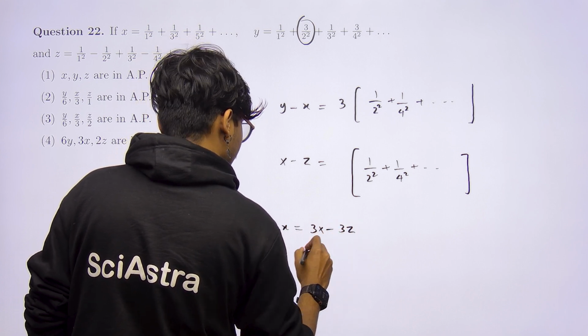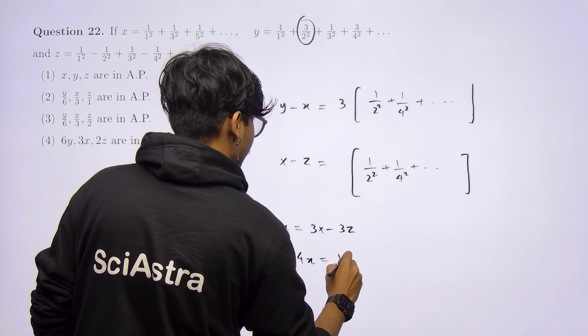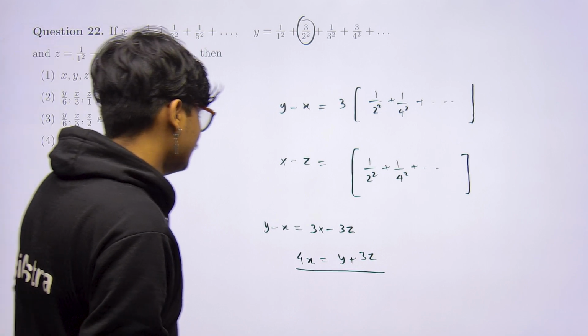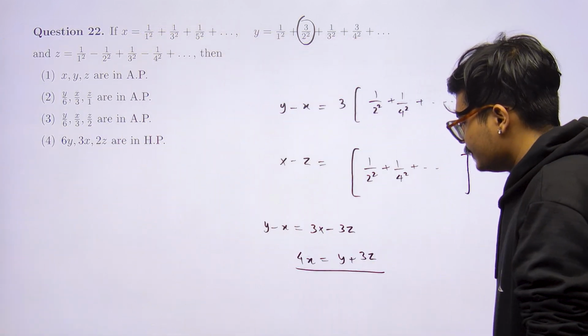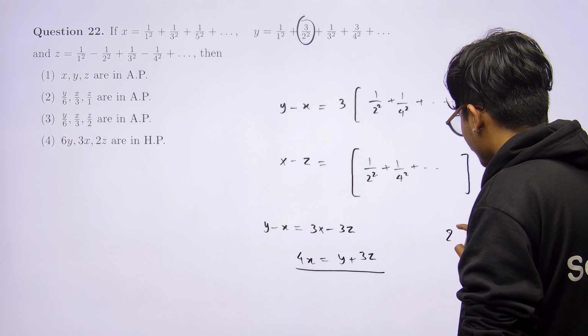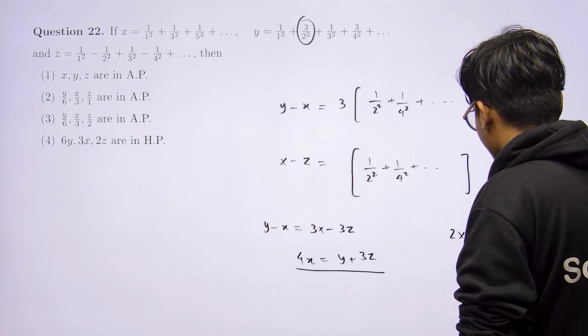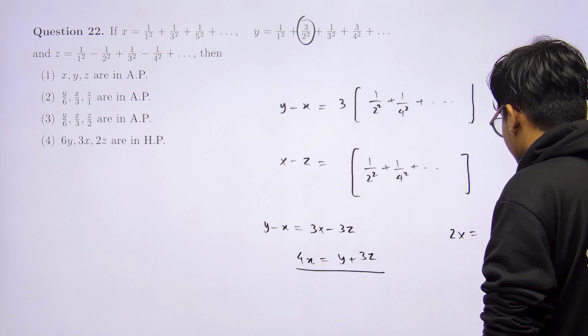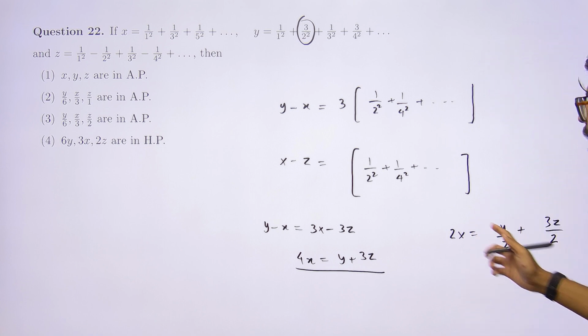In other words, you get that 4x is equal to y plus 3z. Now, if I divide this by 2, I'll get that twice of x is equal to y by 2 plus 3z by 2. But this doesn't really match with any of the options.